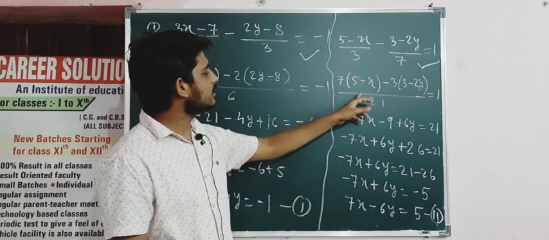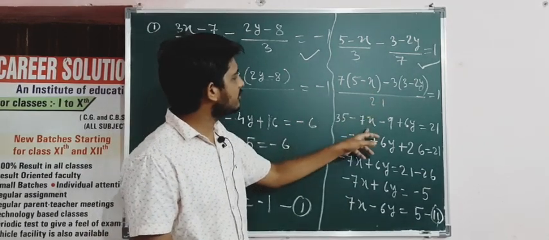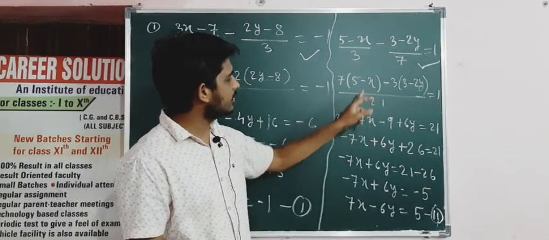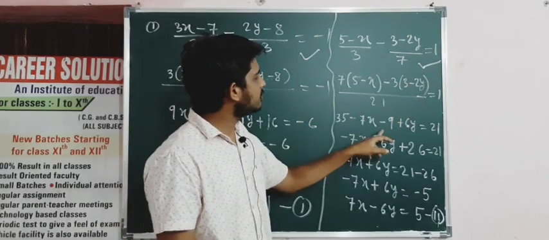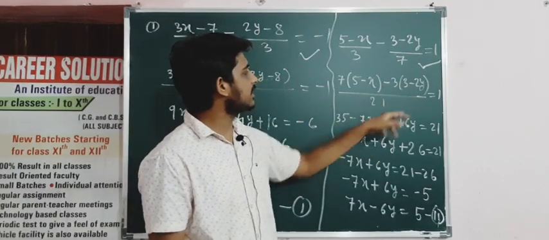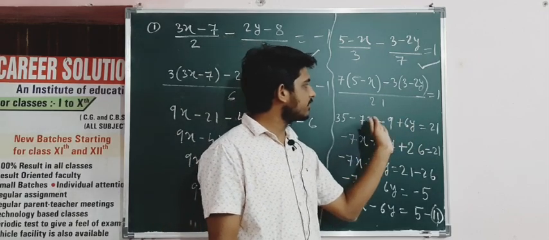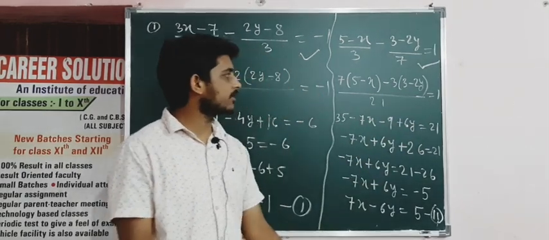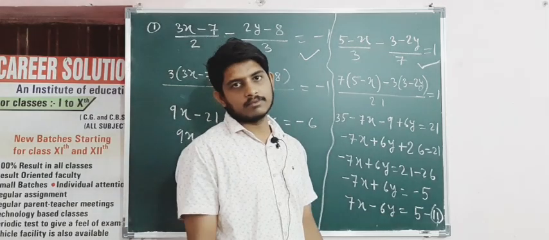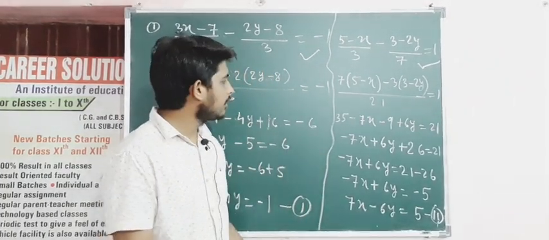Okay, 7 times 5 is 35, 7 into x is 7x, with plus and minus signs, minus 3 times 3 is 9 and minus minus becomes plus 3 times 2 is 6y, and 21 is in the denominator, it will transfer to the other side of the equal sign, becoming multiplied by 1, so 21 times 1 is 21.